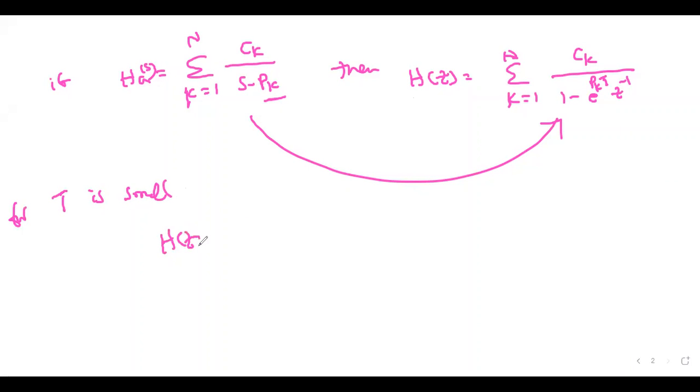Means h of z, we should write it as summation k is equal to 1 to N, T into c_k by 1 minus e power p_k T z power minus 1. That means for a high sampling rate, you need to take an extra T here. That's it.